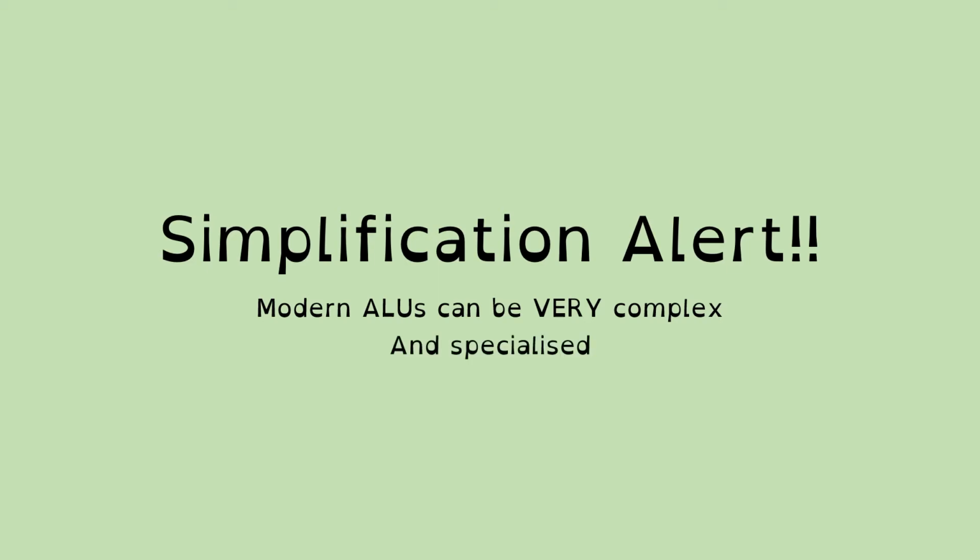And they can become quite specialized. For example, GPUs, graphics cards, have very specialized ALUs in them, which can natively do pretty much, in one clock cycle, the sort of maths that's involved in graphics, which is to do with matrices and vectors. And we don't need to talk about that right now.